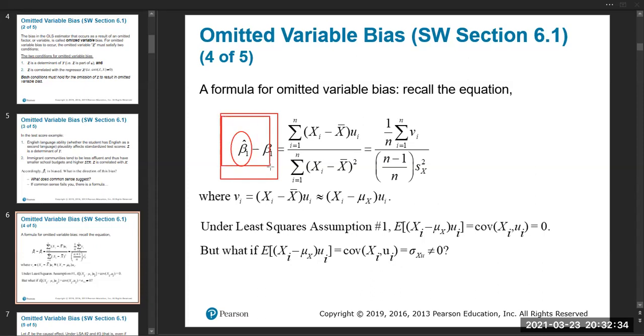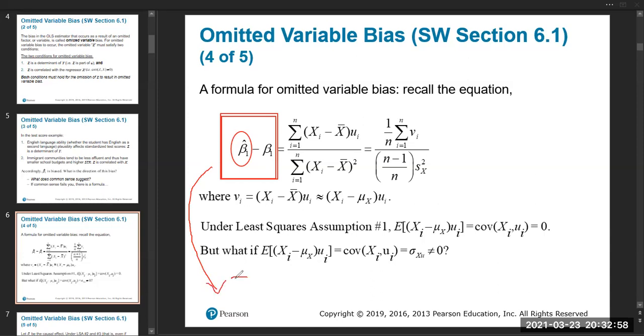And this thing is for sure not 0, because our estimator is from a sample, but the population parameter is from the population. You never know beta 1, so beta 1 hat is always not exactly beta 1, but we are taking its expectation.